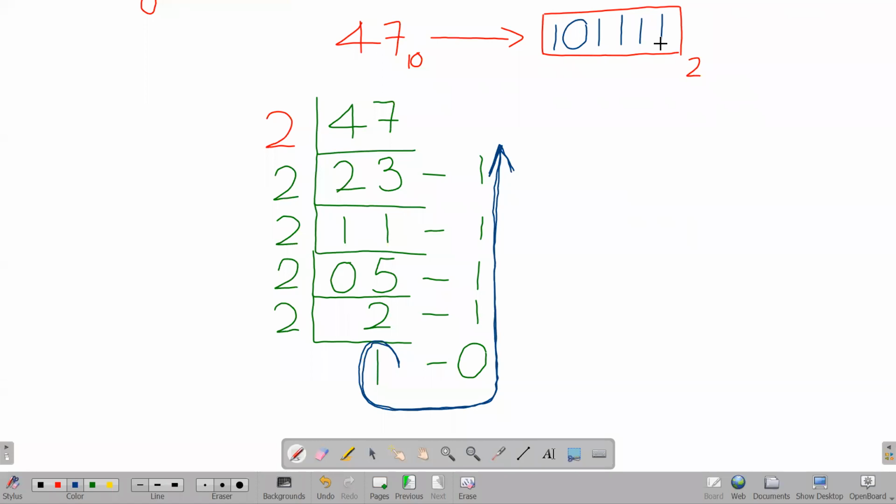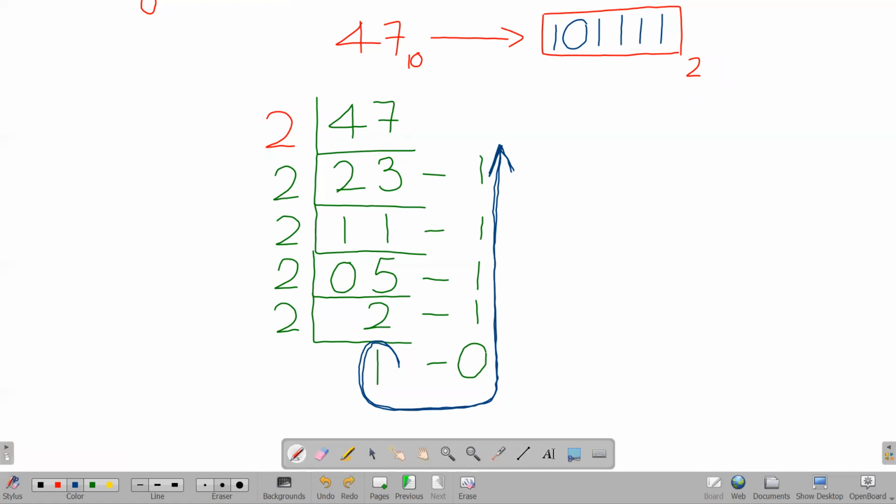Okay, if I recap the things that we have done, we converted a decimal value, which is this, into a binary value. When we are doing the conversion, we write the value and divide it by 2. The reason for dividing by 2 is that we are converting the decimal into a binary.